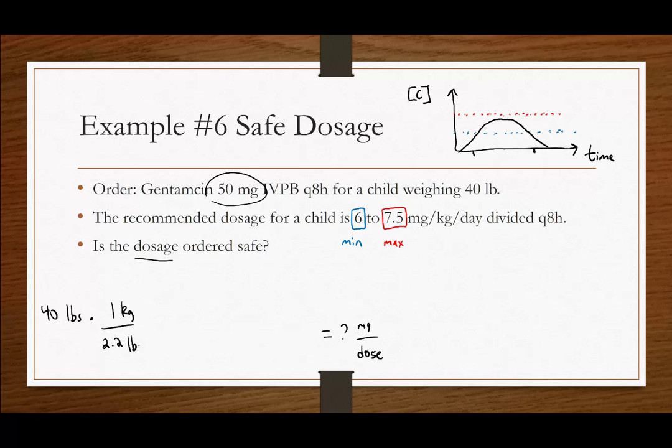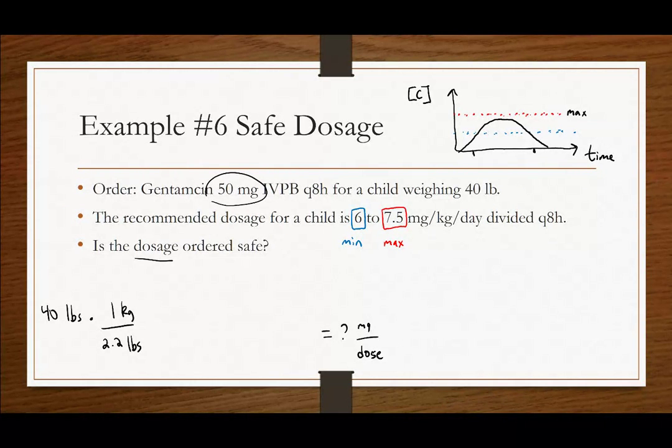2.2 pounds. Next, we need to include either our minimum or maximum recommended dosage for this particular medication. For this calculation, likely we're really interested in making sure that we don't go over the max for this particular order.